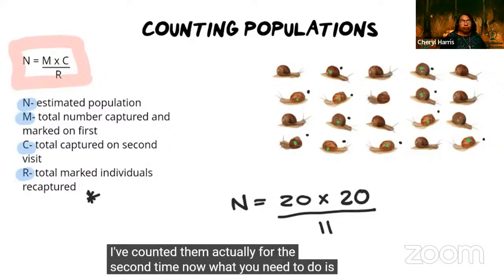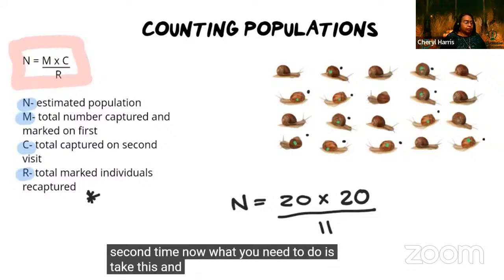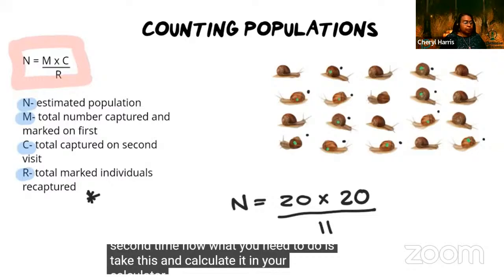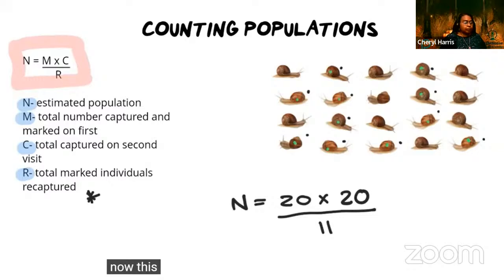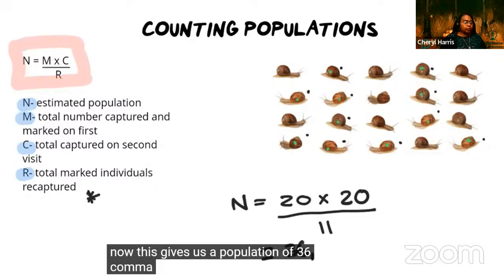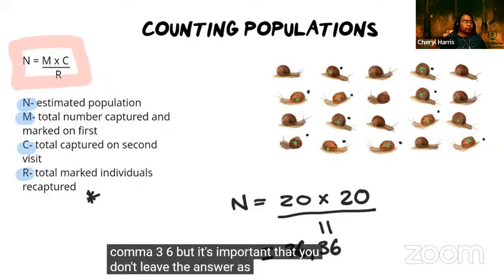Now what you need to do is take this and calculate it in your calculator. Now this gives us a population of 36.36. But it's important that you don't leave the answer as a decimal, because you can't have a third of a snail. You need to have a whole number.